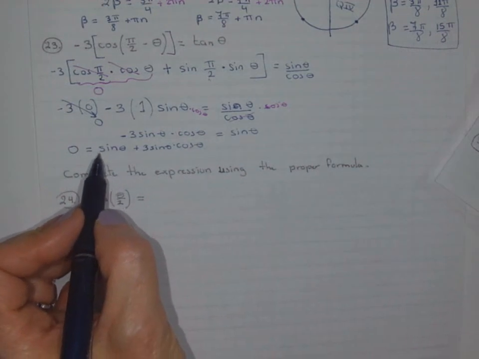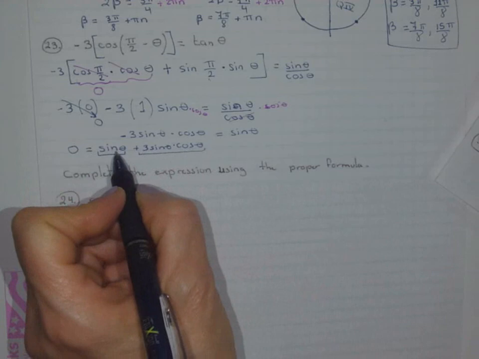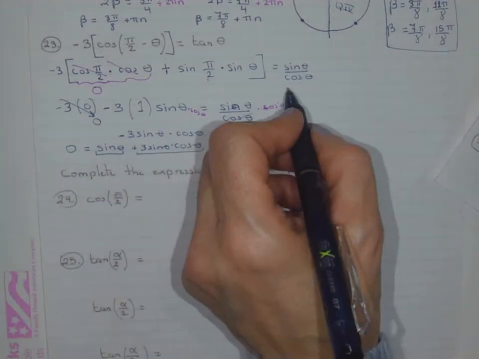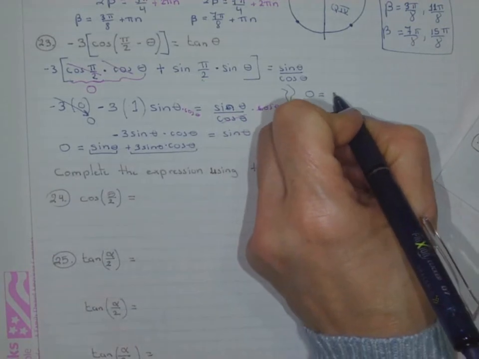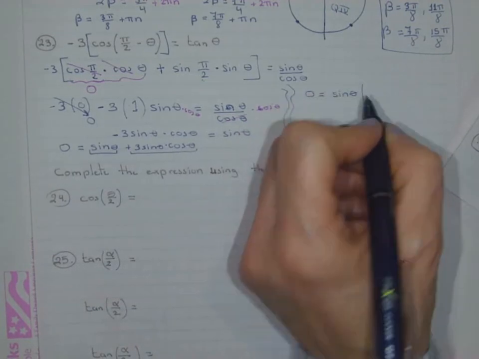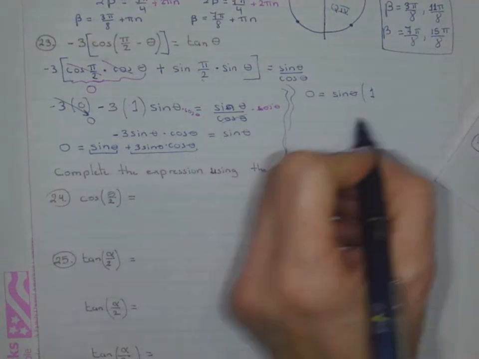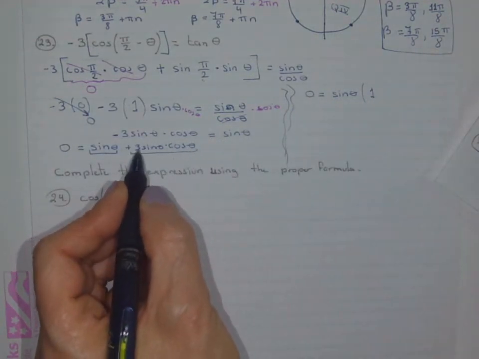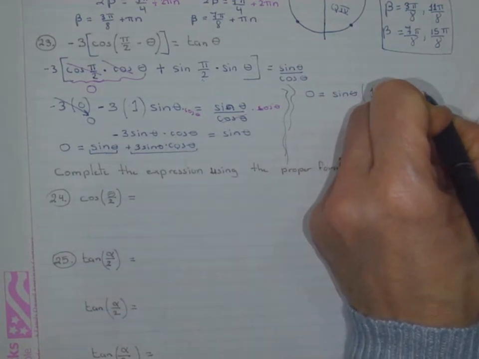And I have two terms, and both of them have a factor of a sine, so I can factor out a sine. So 0 equals, I'm going to factor out a sine. If I divide sine by sine, I'm left with a 1, and factoring out a sine here, I'm left with 3 and the cosine. So plus 3 cosine theta.